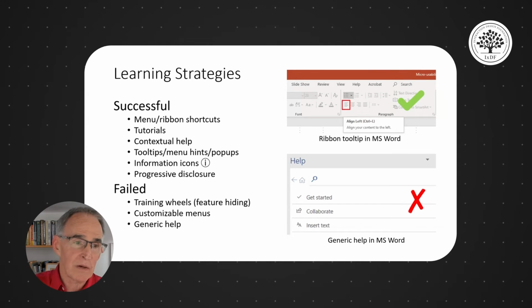Contextual help was great. It has more or less disappeared, unfortunately. It used to be, a long time ago, that if you were in an application looking at a particular dialogue, like a small form you had to fill out, or some settings, you could just press the F1 key and you'd get help about that specific dialogue.